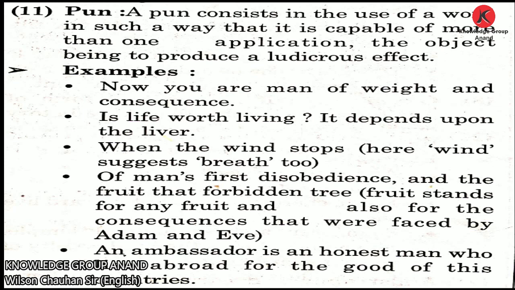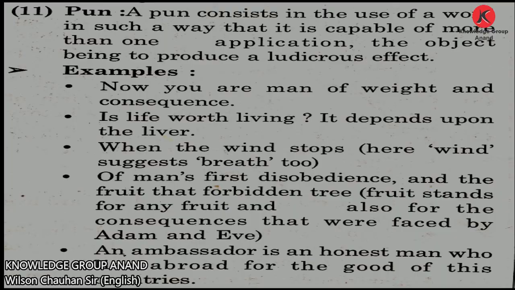An honest man who lies. Now, can an honest man lie? Abroad, he is going to tell lies for the good of his country. Why? Because he is in need. A good man and he says lies.